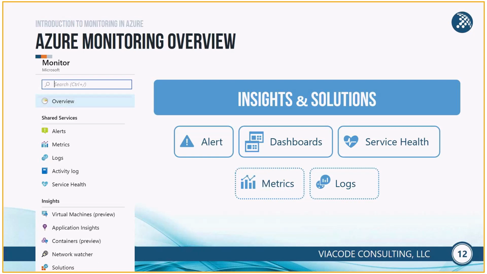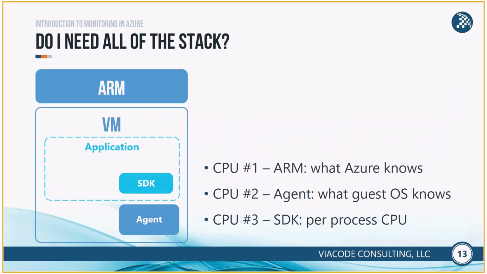Still, a lot of customers ask, why do I need all these solutions? And do I really need to install all of them? The short answer is yes. Let me highlight the need to use various solutions based on a simple example of CPU.